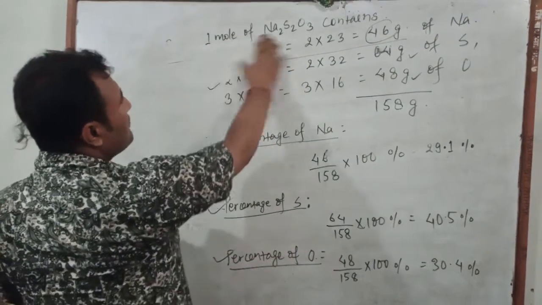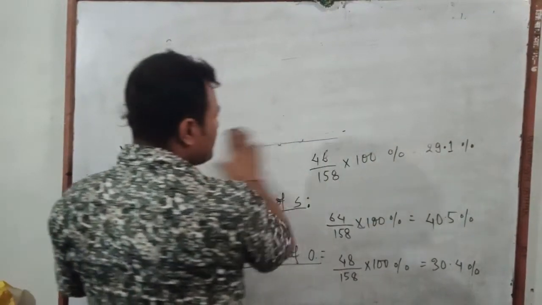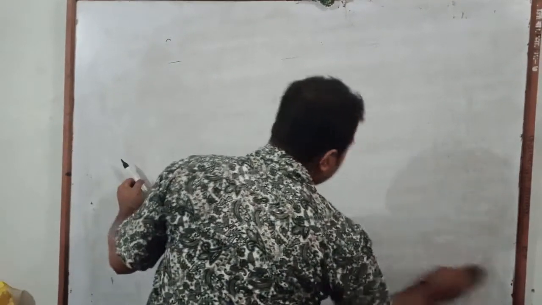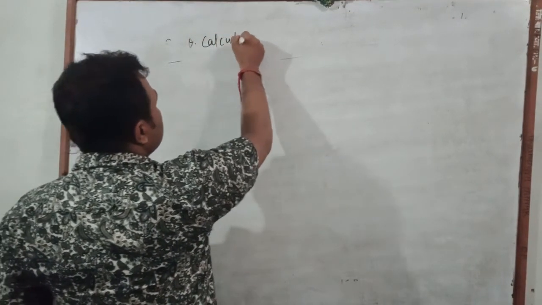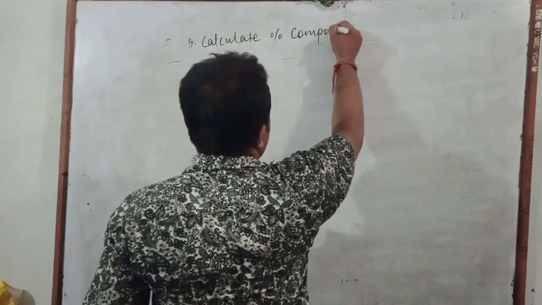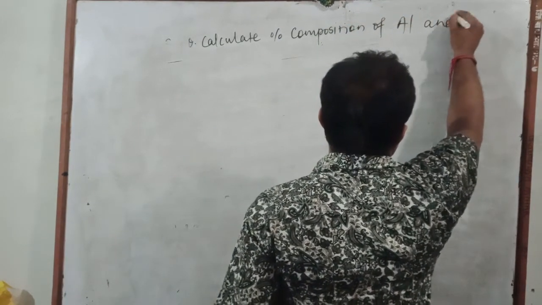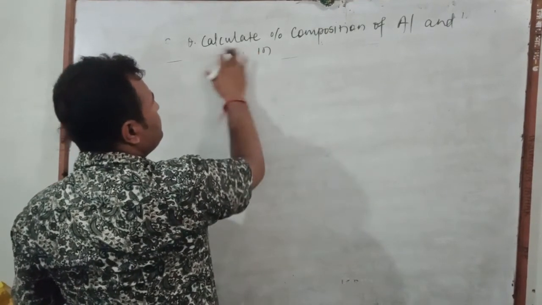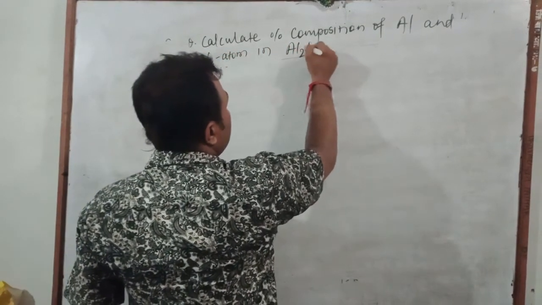As another example, we calculate the percentage composition of elements in the next compound. Suppose we take a simple compound. Question: calculate the percentage composition of aluminum and oxygen in aluminum oxide.